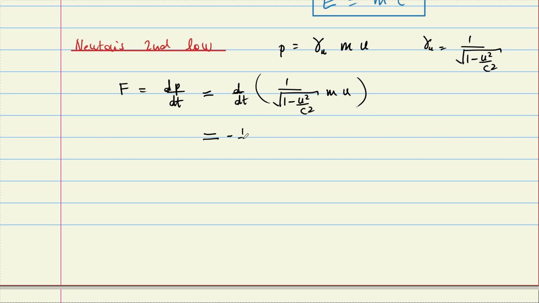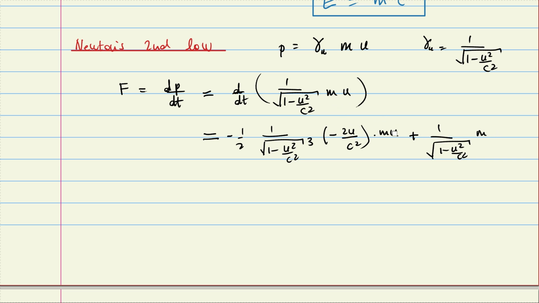So this is minus a half, 1 over 1 minus u squared over c squared to the power of 3/2, and minus 2u over c squared times m u, plus 1 over 1 minus u squared over c squared to the power of 1/2, times m.